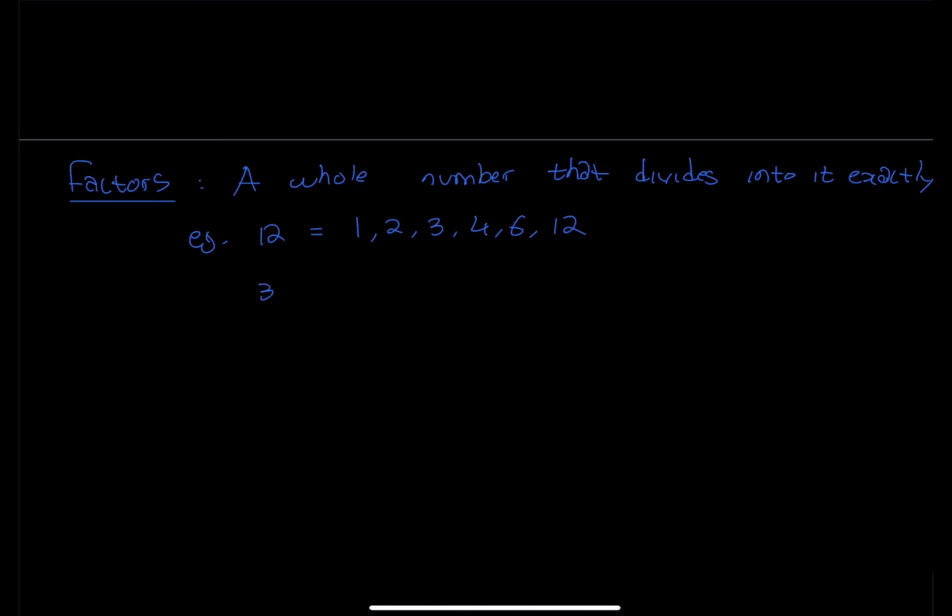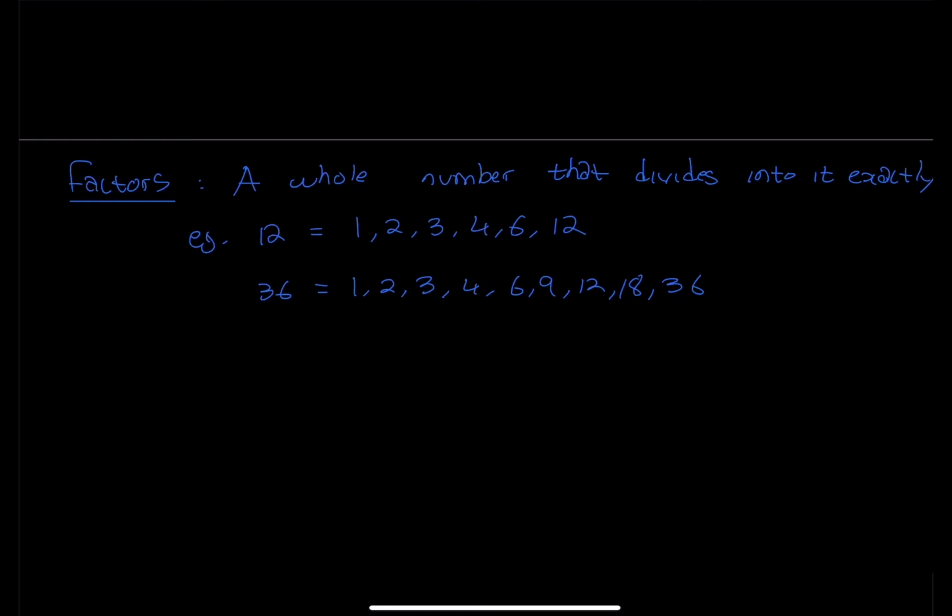Let's take another example, 36. And they're all less than or equal to the number, so 12 would be the highest factor of 12. Of 36, you get 1, 2, 3, 4, 6, 9, 12, 18, and 36.